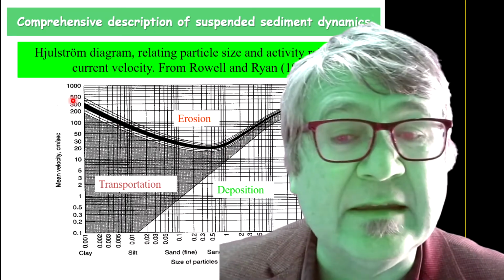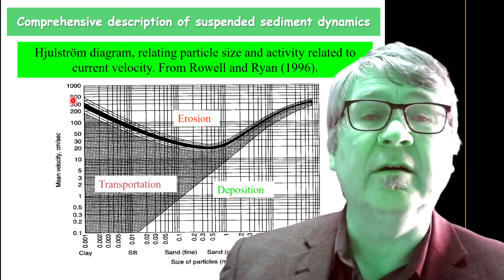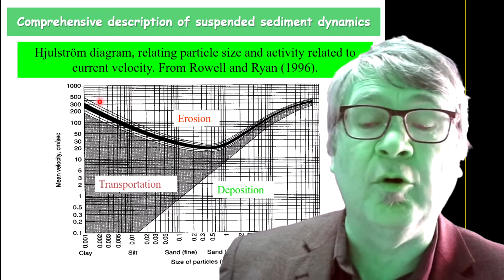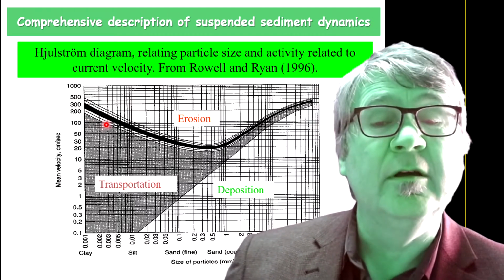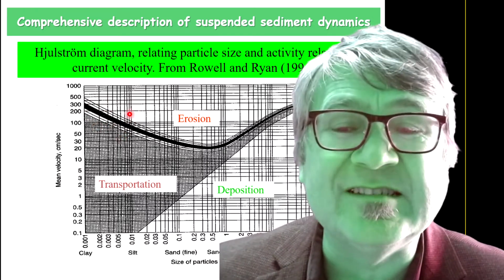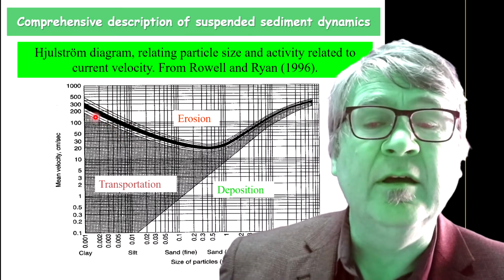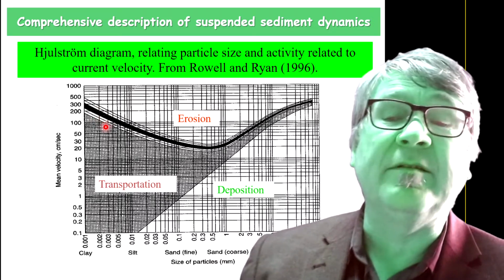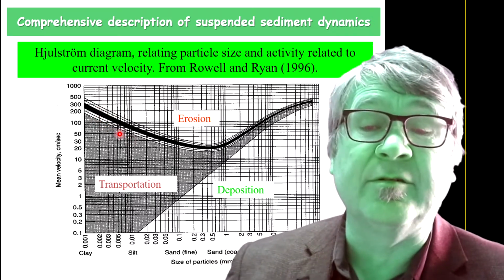And you can see it's not a linear form. You need quite high speeds in order to erode clay or silt from the seafloor, because these materials are often sticky and have a very high compactive force, and you need speeds of 1 to 2 meters per second to erode them.